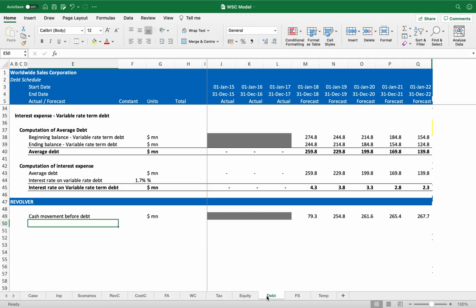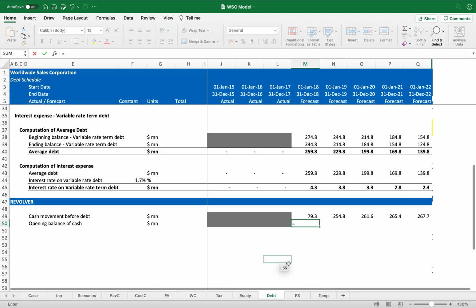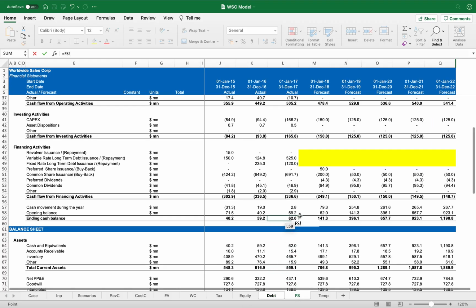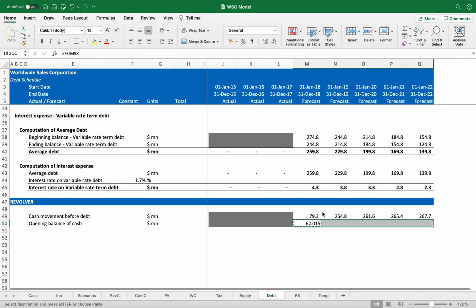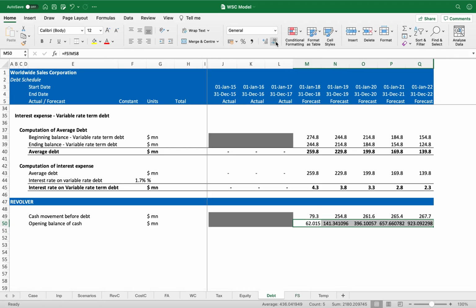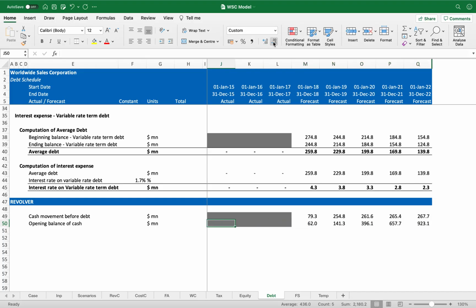Now, is it my ending balance? No. I have some opening balance of cash as well. Again, I will source it from the cash flow statement. Opening balance. Okay, so opening balance.